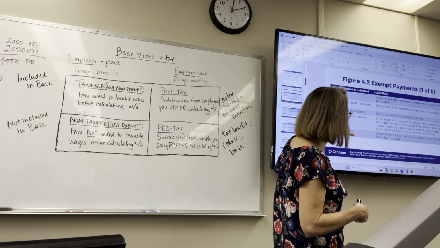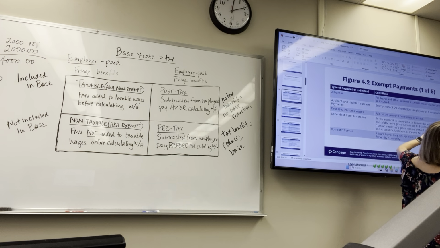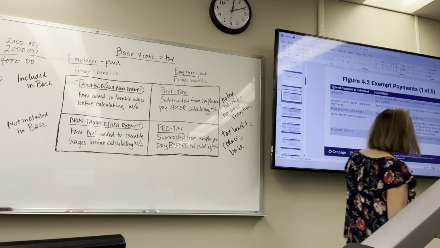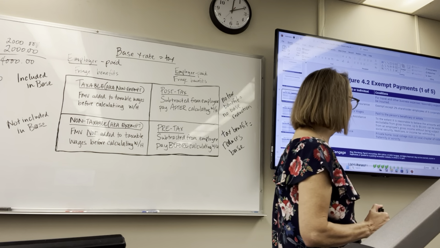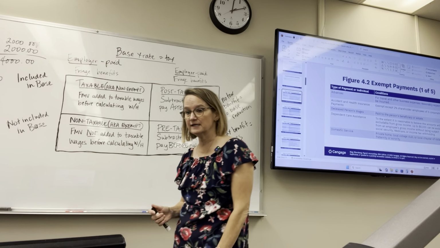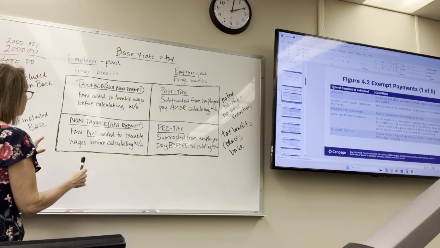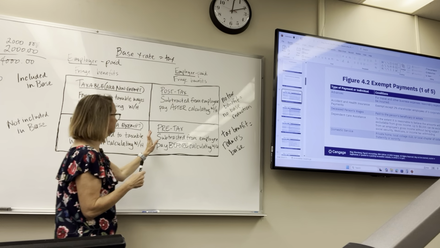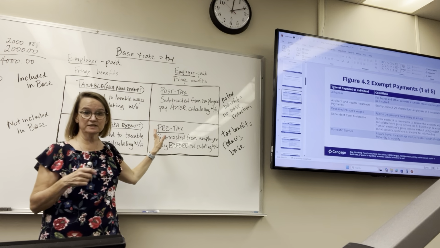Dependent care assistance. Up to $5,000 will be excluded from an employee's gross income without being subject to Social Security, Medicare, and income tax withholding. What they're talking about here could be a non-taxable employer-paid benefit, or it could be a pre-tax employee-paid benefit.